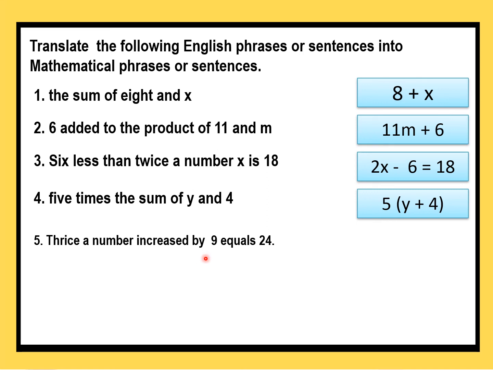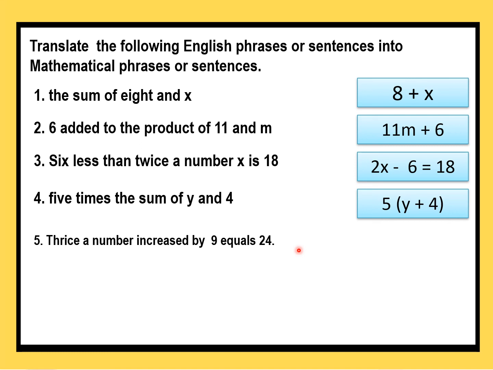Next, number 5, thrice a number increased by 9 equals 24. So, thrice ang keyword at saka increase. Increase, ibig sabihin plus. So, pag thrice, 3 times a number.